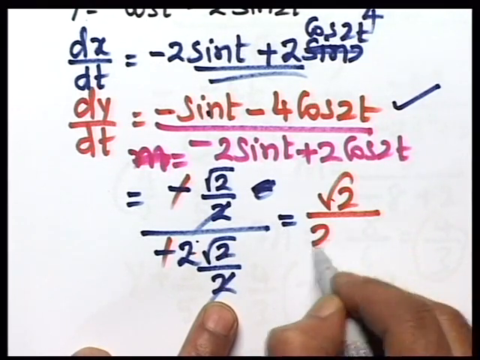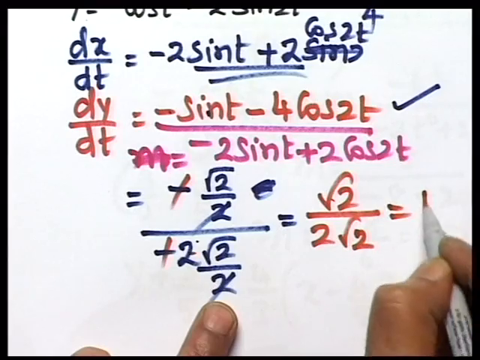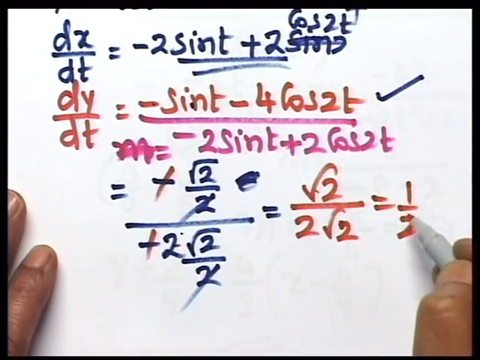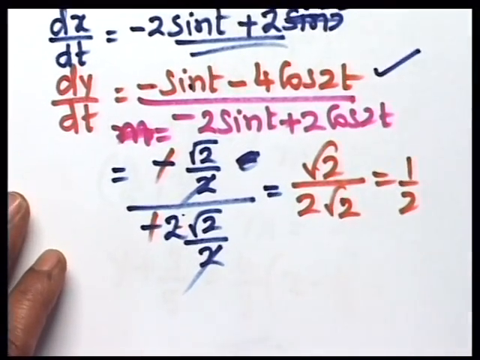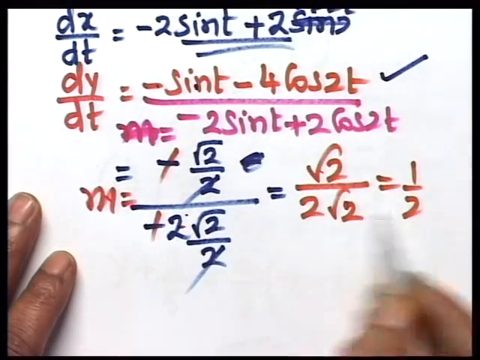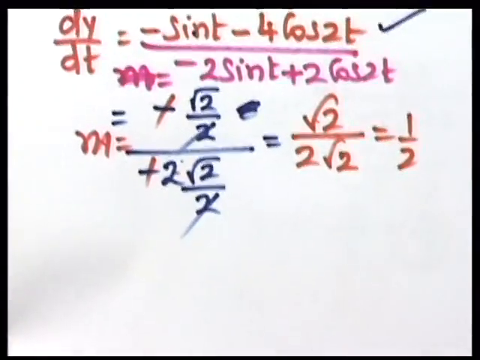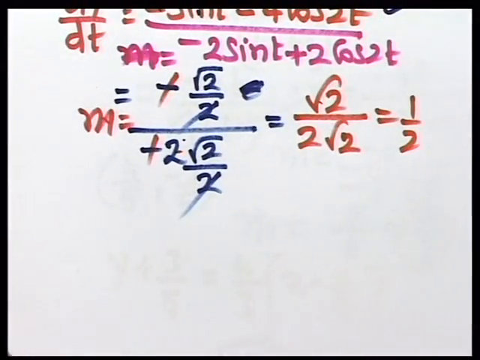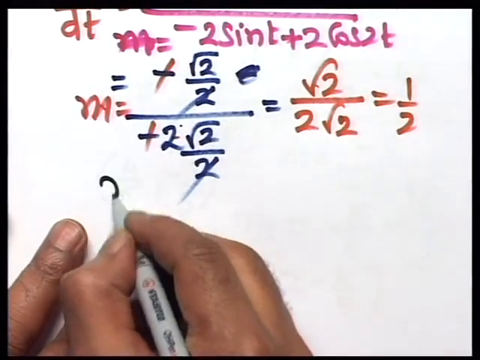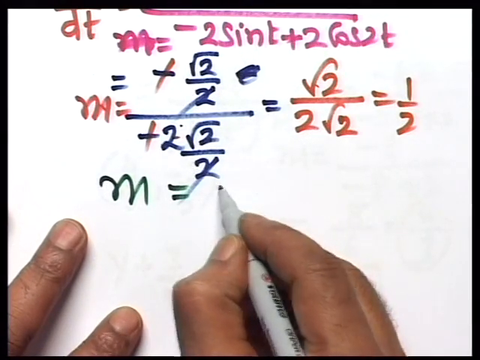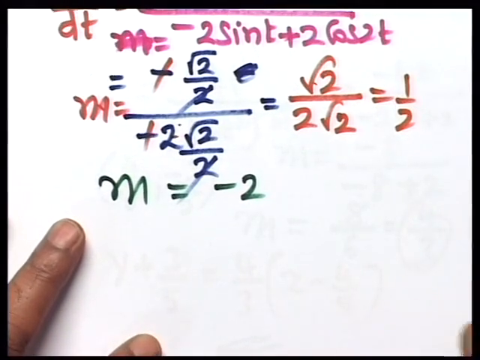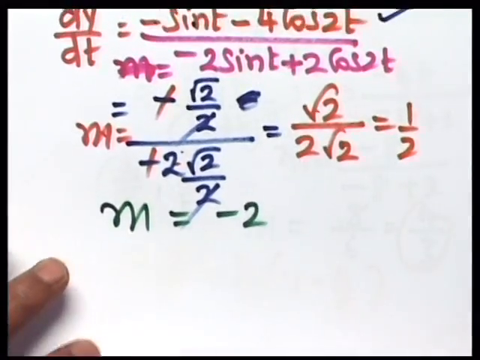So the gradient is actually a good looking number called half. Mind you, this is the gradient of the tangent always. You flip this over and change sign, right? We will get the gradient of the normal. So gradient of the normal, which is in green, is minus 2. That's all.